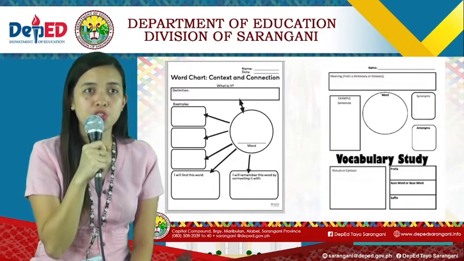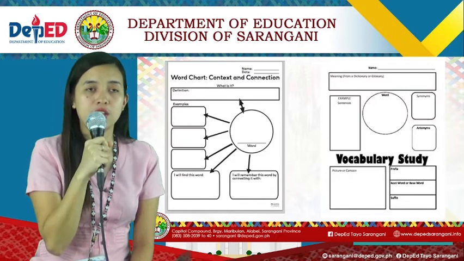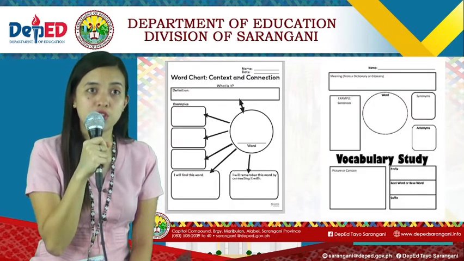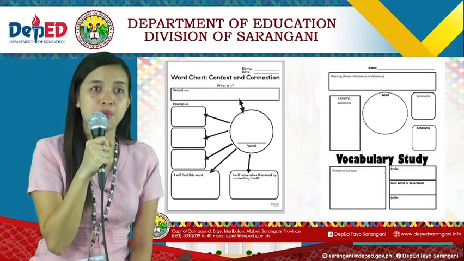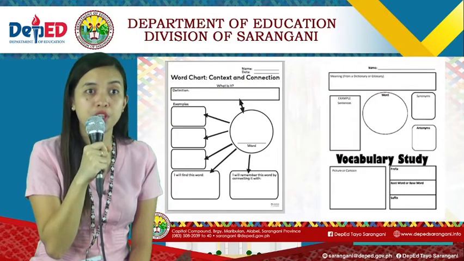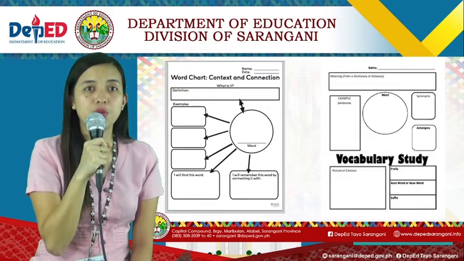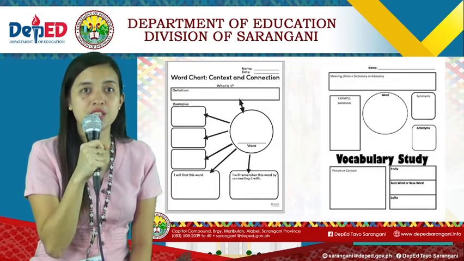In the upper portion, in the rectangular shape, children are asked to give the definition, what it is, then examples, where I will find this word, and the last one, I will remember this word by connecting it with. So another one is the vocabulary study.